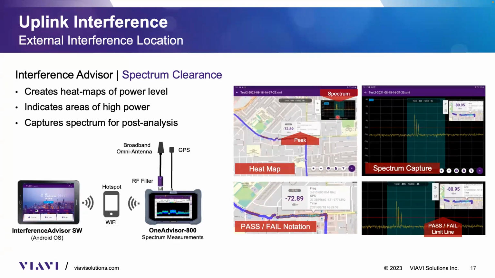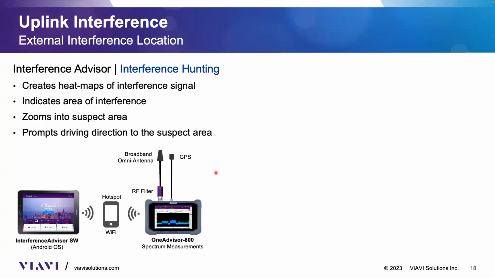I can even get the spectrum of it, and as you can see on the right-hand side, there's interference for sure. As it happens, this specific location was later found and mitigated. But this is one way of doing the 5G analysis when it's not yet deployed, to make sure that the spectrum is clean. Now, if it has been deployed, then it is the traditional interference hunting technique.